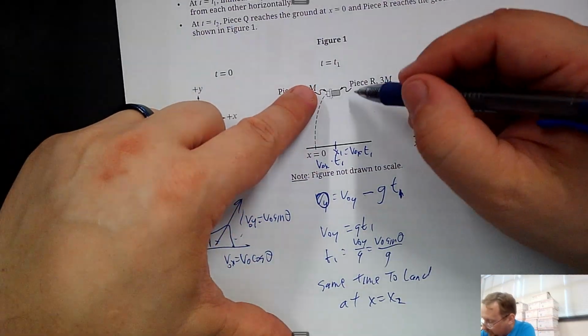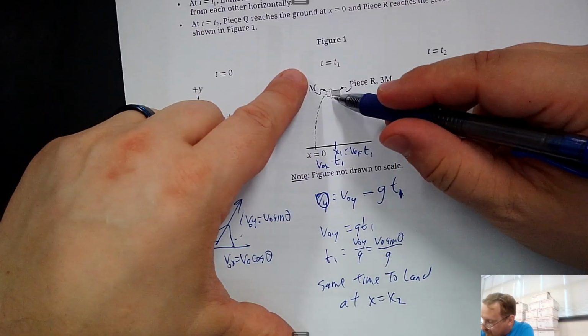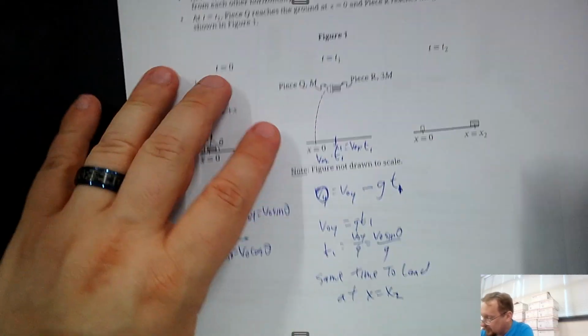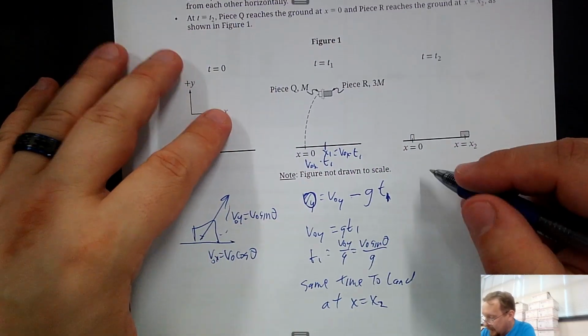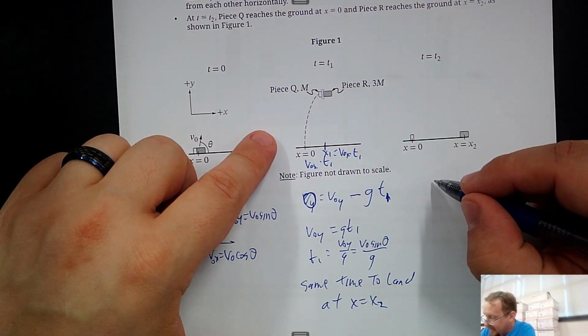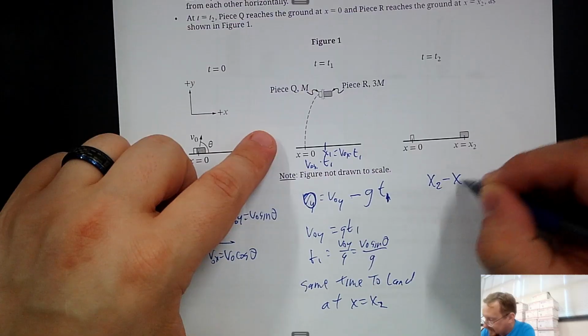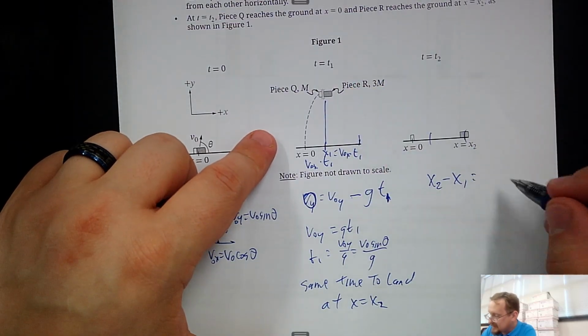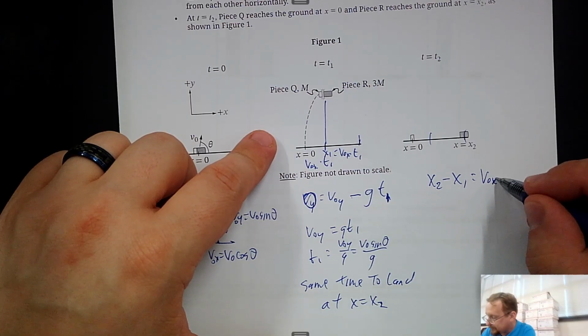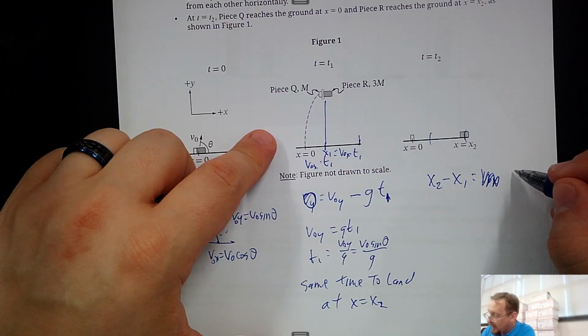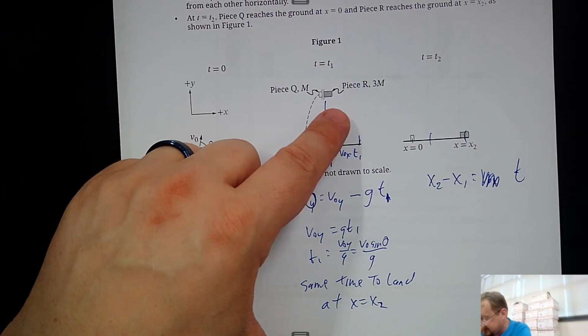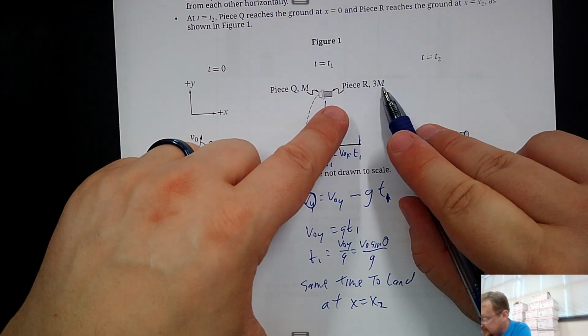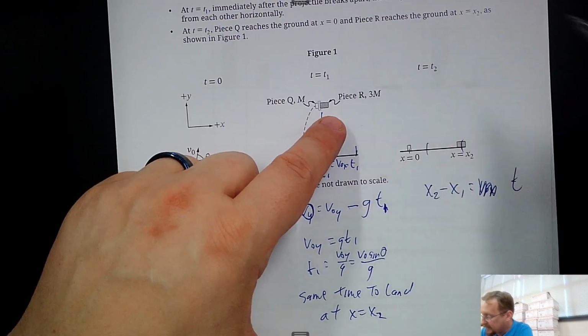But now what I want to know is how far is it from here to here. And so to do that, I'm going to say x2 minus x1, that's this distance, is equal to V0 x, something, times t. But what is the velocity of this piece? Let's see.